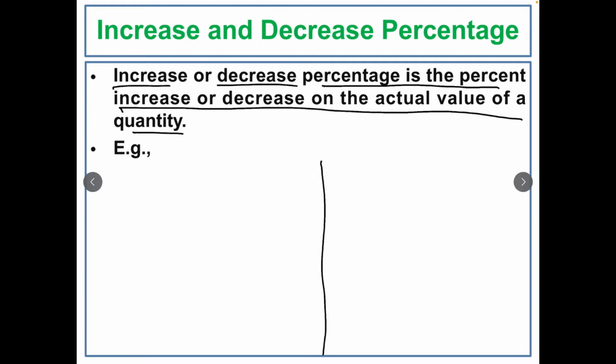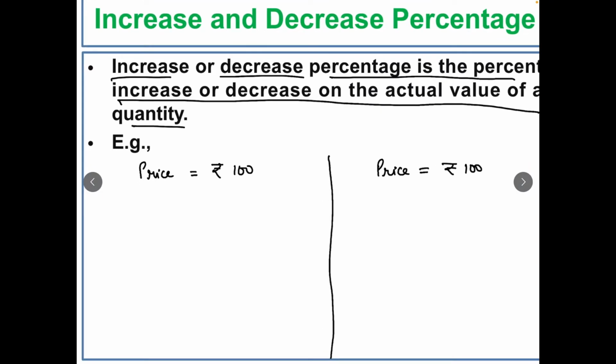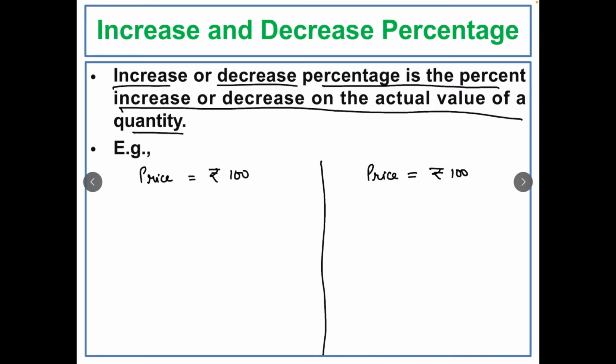Suppose the price of an article is 100 rupees. Let's take the price of an article equal to 100 rupees. Here the percentage increase on the price of the article is, let's take, 30%.